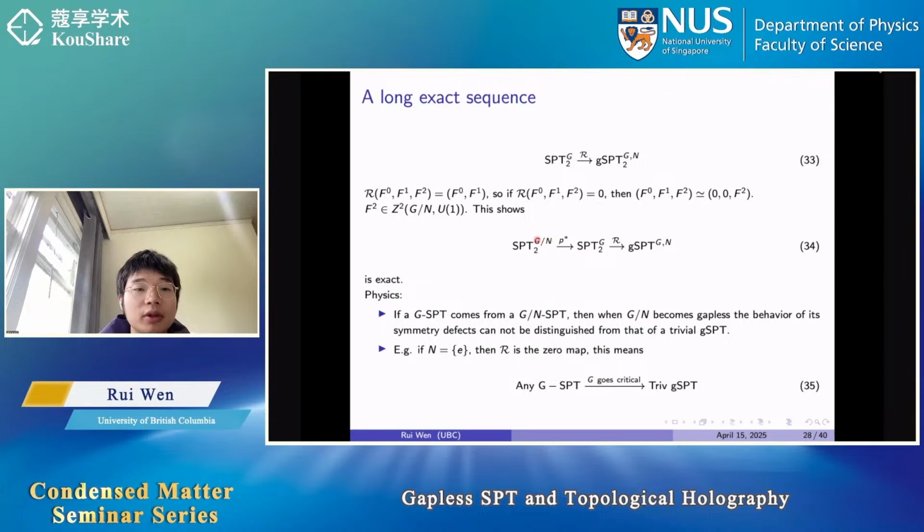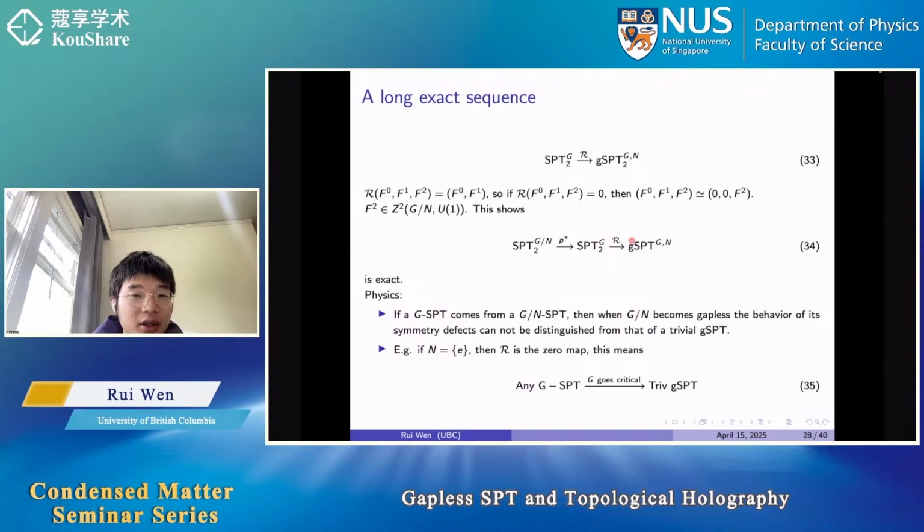So this is exact. The physics is this: if a G SPT comes from a G over N SPT, and then we make G over N gapless, the behavior of its symmetry defects can no longer be distinguished from that of a trivial gapless SPT. For example, if we take N to be the trivial subgroup, then this is G, this is also G, this is the identity.